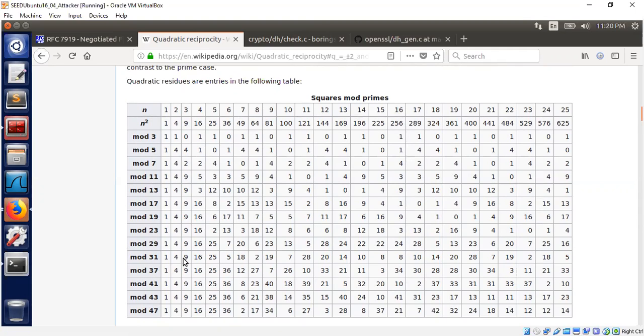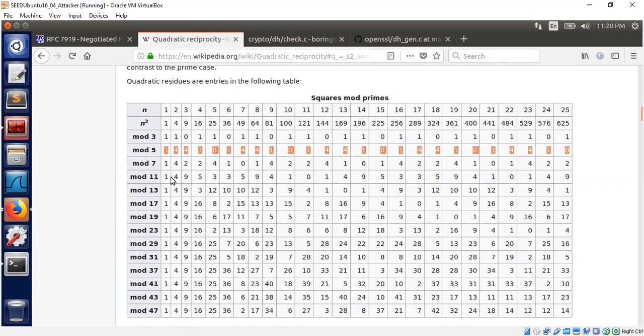So using this table, now we can ask interesting questions. Can number 2 be a quadratic residue when you are working with a prime P equal to 5? We can just look at this table and see whether number 2 occurs anywhere. If it does not, we can conclude 2 is not a quadratic residue for prime P equal to 5.